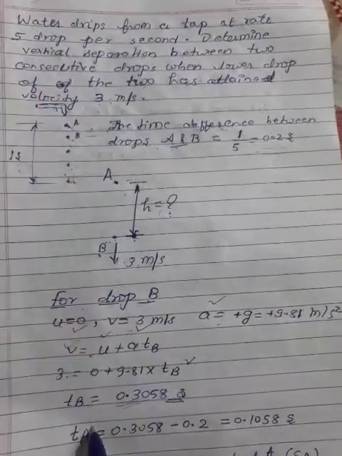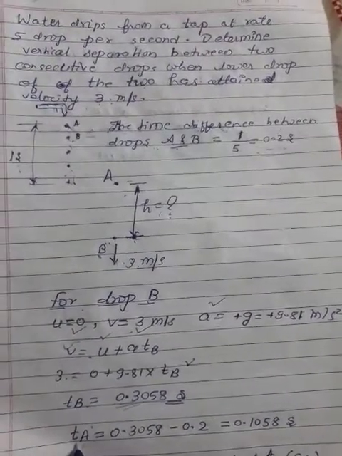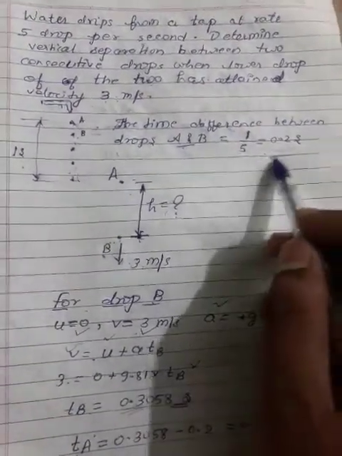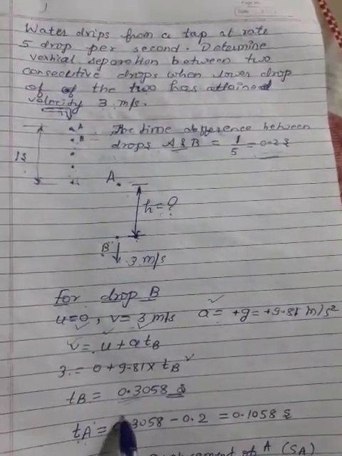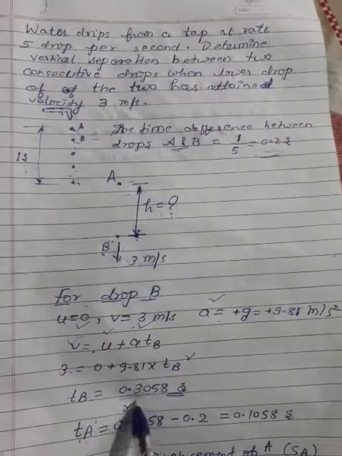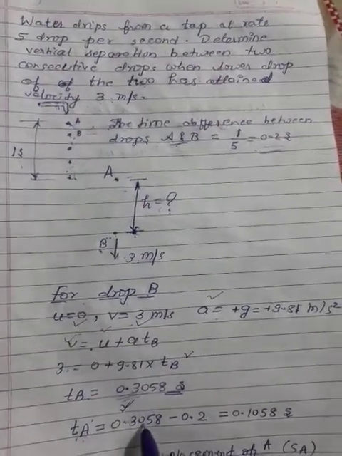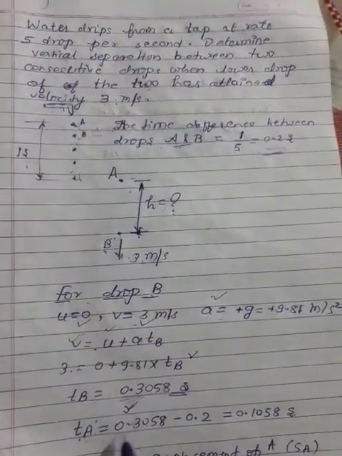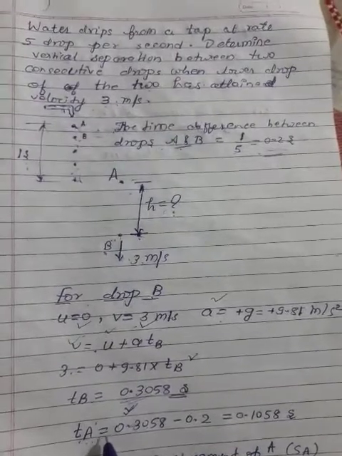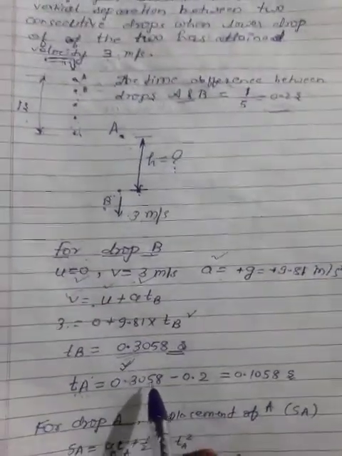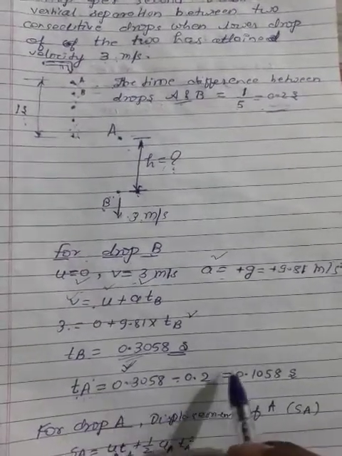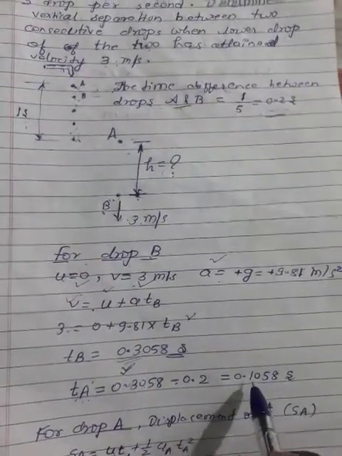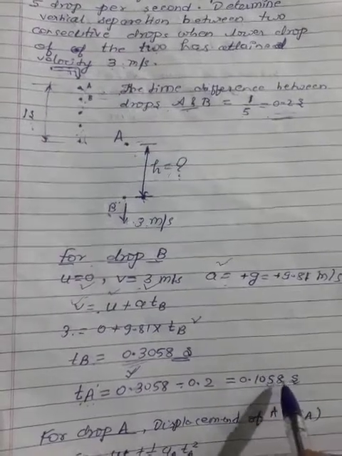If I want to calculate the time for A, I am going to subtract this value from the time required for B. So time required for A, I will get as TA equal to 0.3058 minus 0.2. So I will get the time required for A as 0.1058 second.